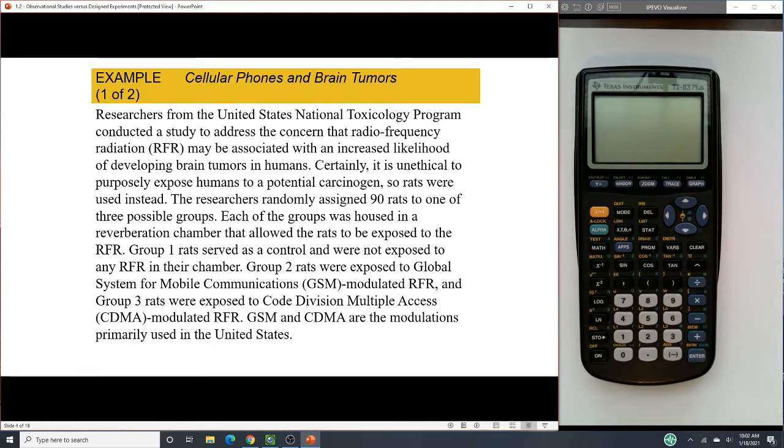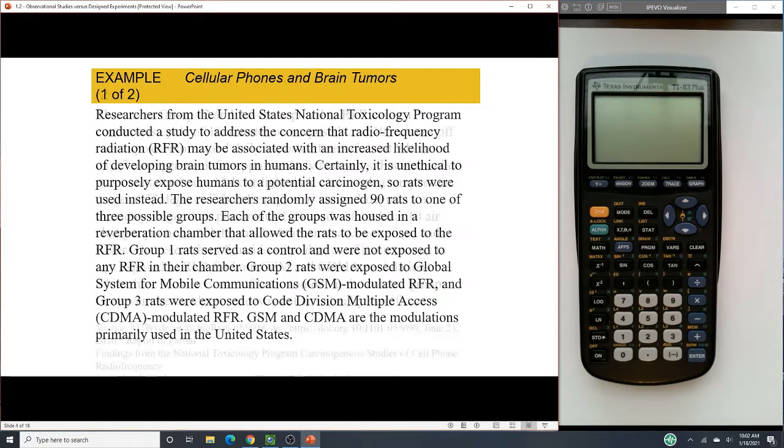They assigned 90 rats to one of 3 groups. Each group was housed in a chamber that allowed the rats to be exposed to the RFR. Group 1 was not exposed to any, group 2 was exposed to what we call GSM, and group 3 was exposed to CDMA.